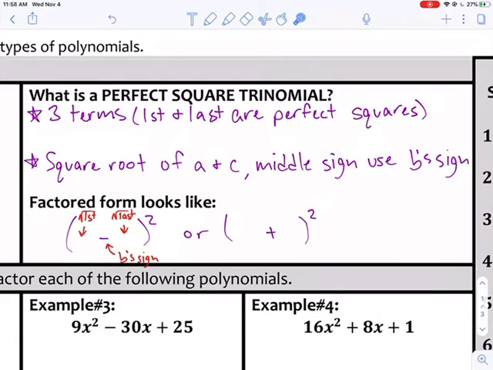So whatever your middle number, your B value, we just pull that sign. So square root of the first goes into the first position, square root of the last goes into the second position, and you always take B's sign. So it's going to either look like this, or it'll look like this if B has a positive number.